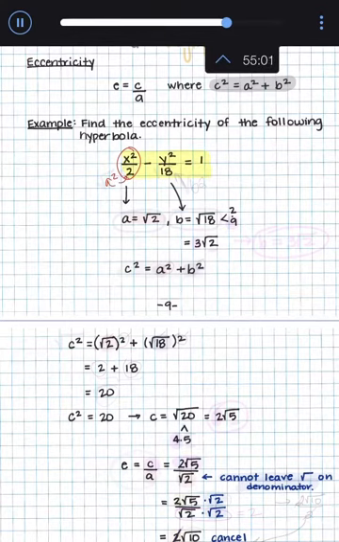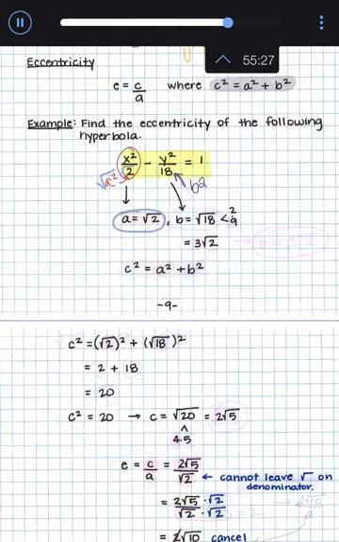So a is found by taking the square root of both sides of that, which tells you that a equals the square root of 2. Doing the same thing for b, if you're looking at the other denominator, b squared is 18.